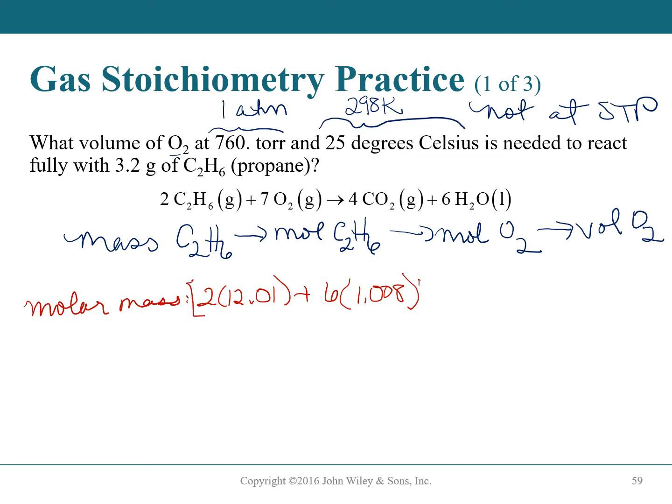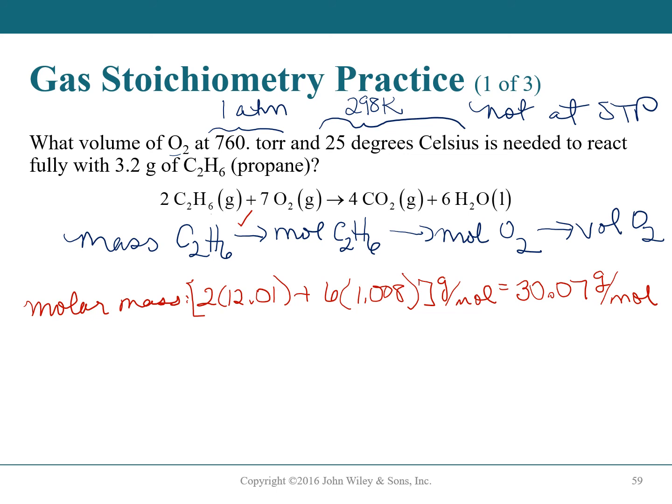All of this will have units of grams per mole. So the molar mass is equal to 30.07 grams per mole. Okay, so we have this conversion factor.